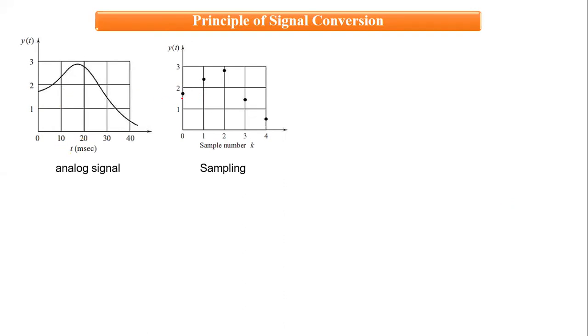As you can see here, there are five samples of this particular analog signal. These samples have been acquired at different instants. Now we have these many samples, and each sample will have some magnitude.